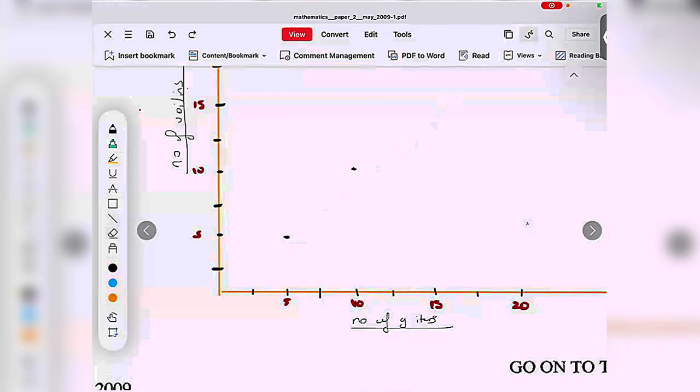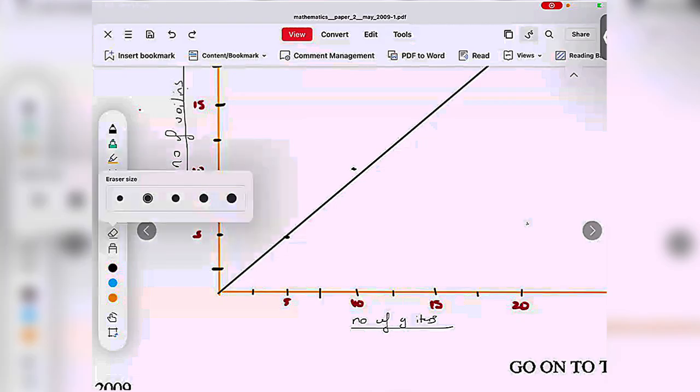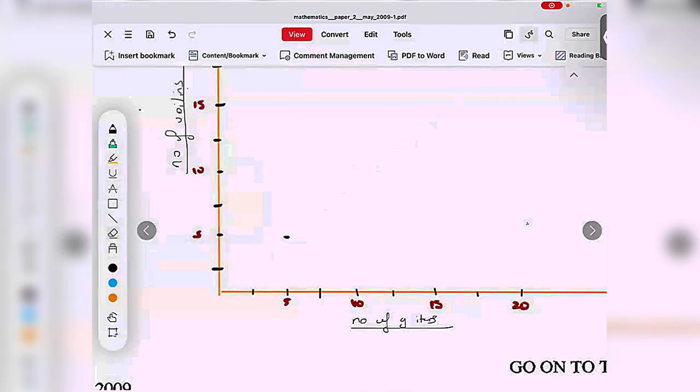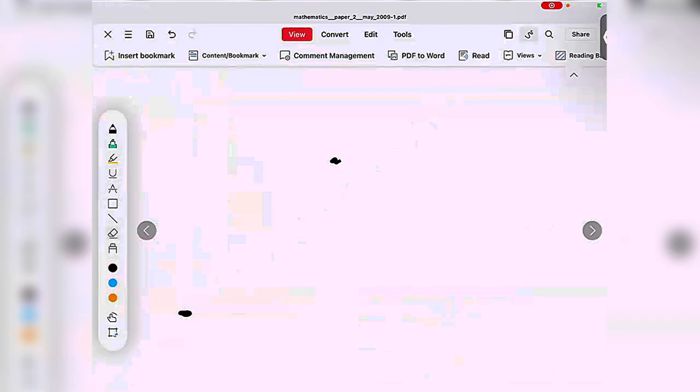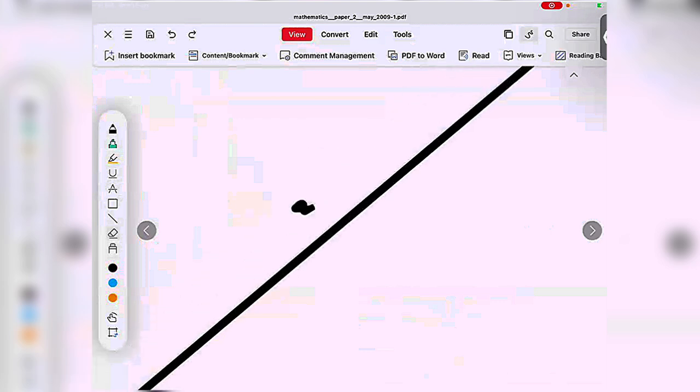My eraser is too big. All right, let me take my time with my eraser here. Give me a second, guys.